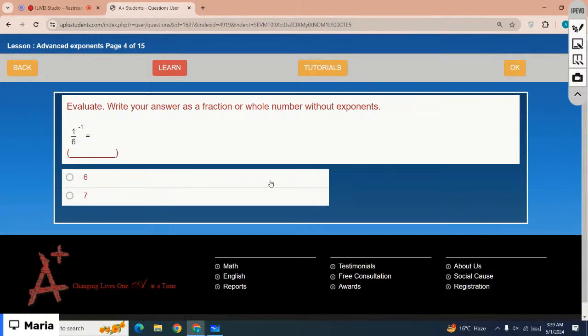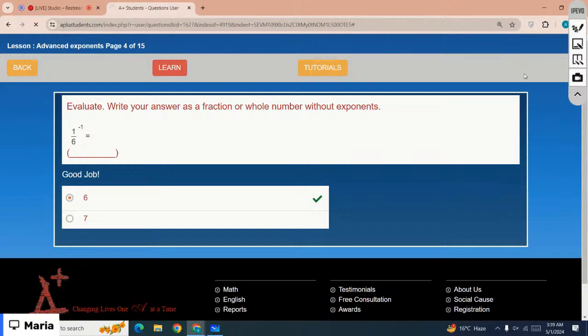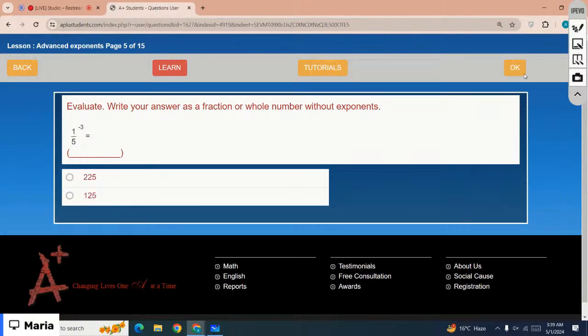The correct option is 6. The correct option is 125.